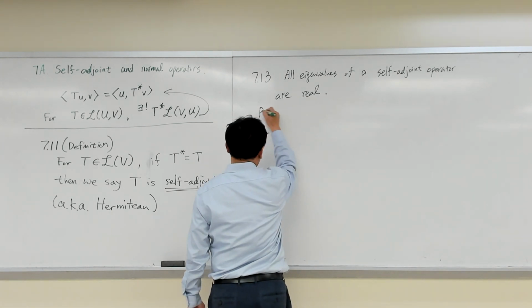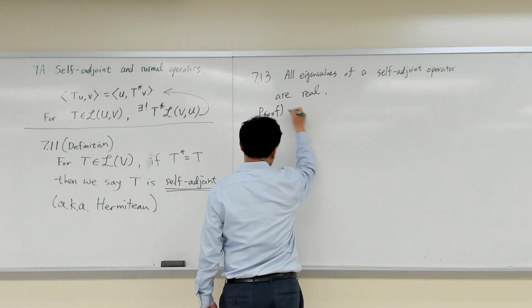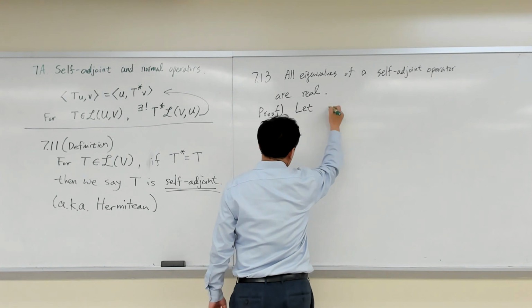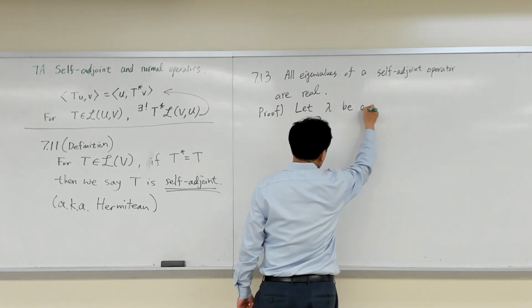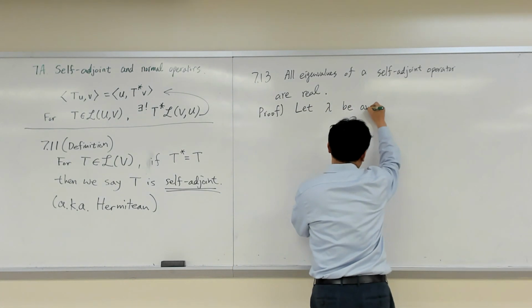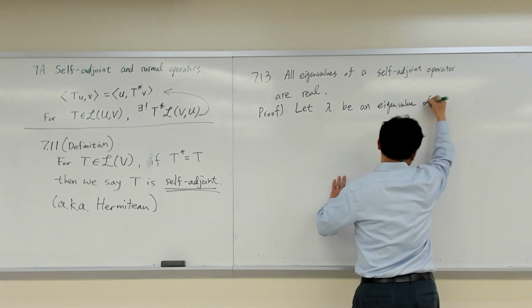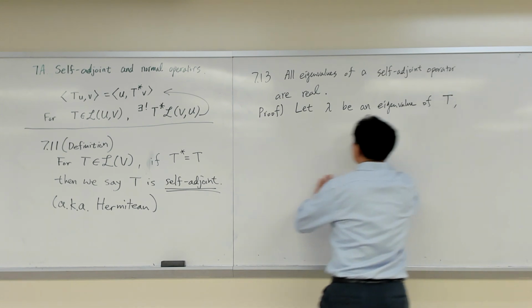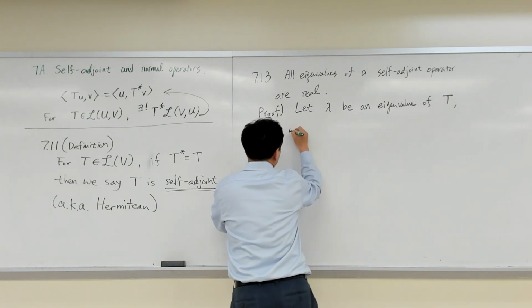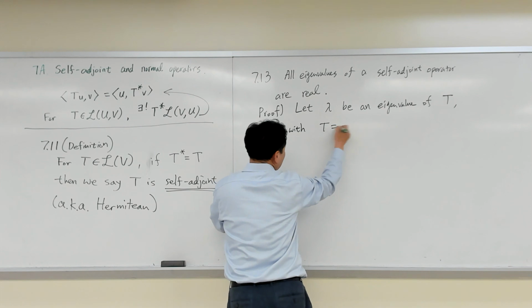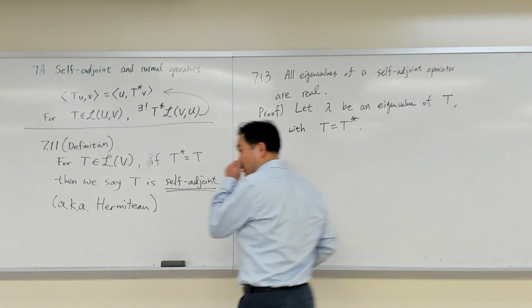So proof: let lambda be an eigenvalue of T with T equals T star. Okay?